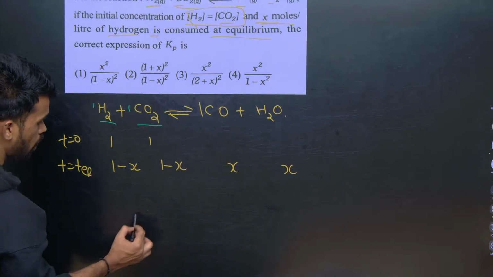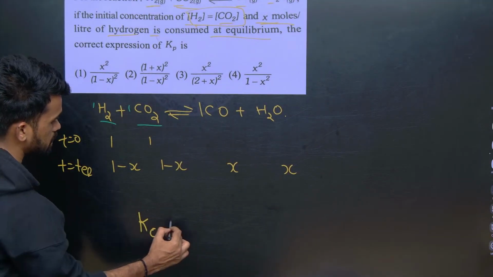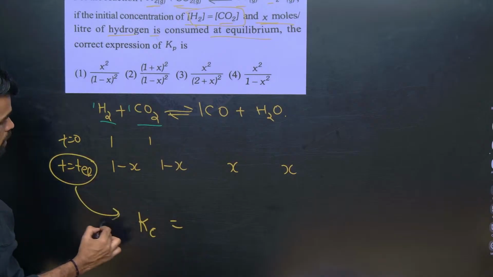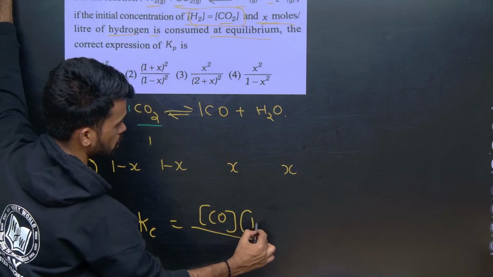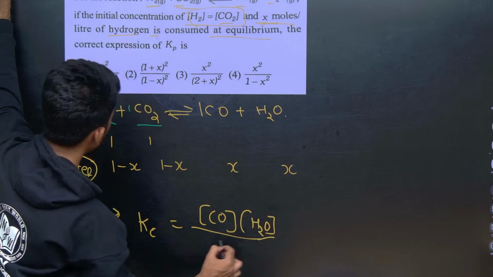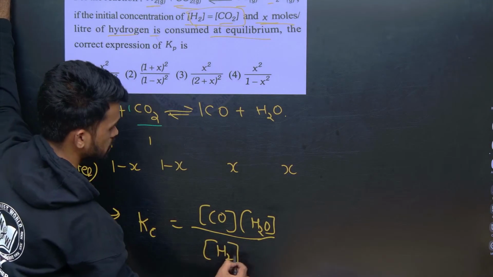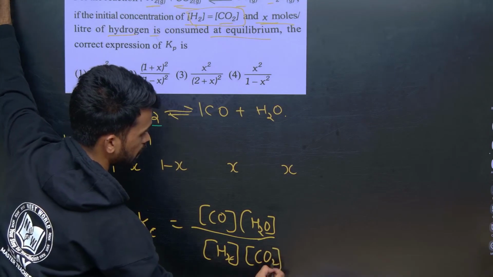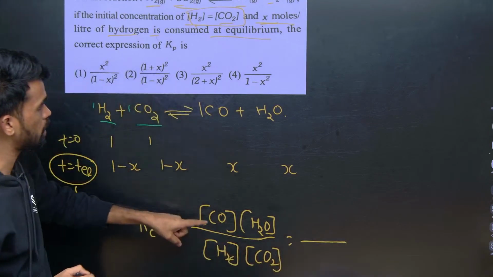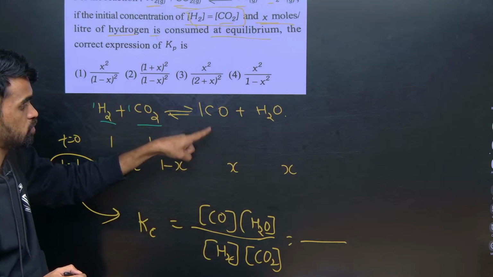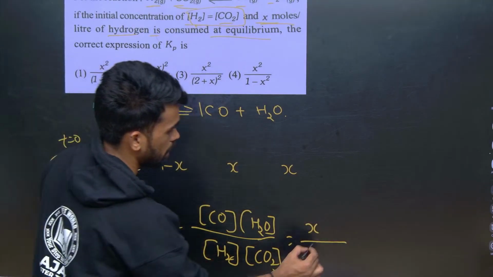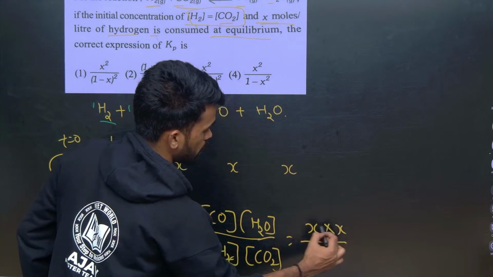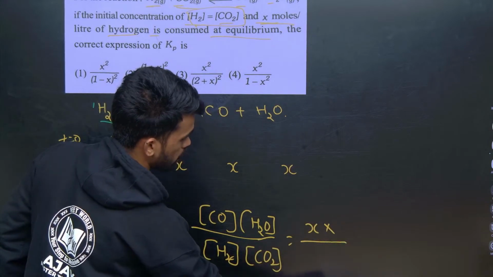The next question: how can we write the equilibrium constant Kc? At equilibrium we write the concentration of CO times the concentration of H2O, by the concentration of H2 times the concentration of CO2, right? So the concentration of CO is x, and for H2O also x, so x into x, x square.